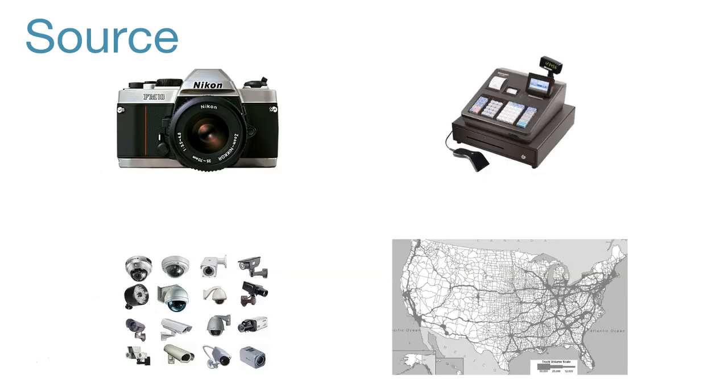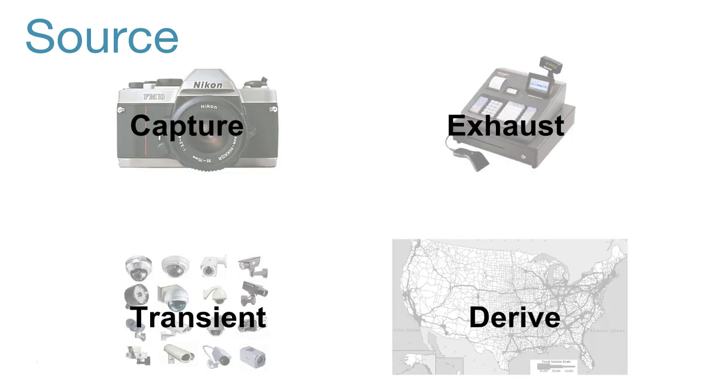Then we have different sources that we collect the data. Under the sources here, the first one is capture. Oftentimes we'll be using a camera, or in terms of remote sensed imagery, a camera mounted on a satellite. We oftentimes get exhaust data, and exhaust data is secondary to the main purpose. A classic example is you go to a supermarket and you buy some groceries.